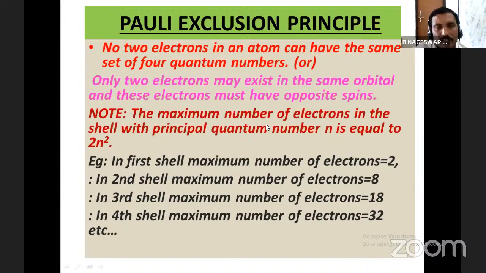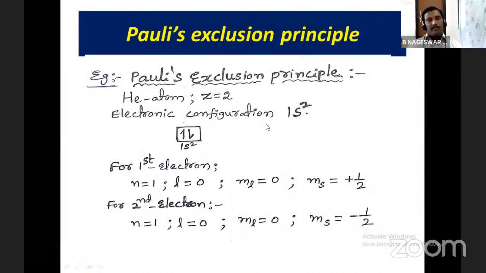For better understanding of Pauli's exclusion principle, I have given one example. First, I am taking the helium atom. What is the atomic number of helium, children? Helium atomic number is 2. Its electronic configuration is 1s2. Pauli's exclusion principle says no two electrons have the same set of 4 quantum numbers.